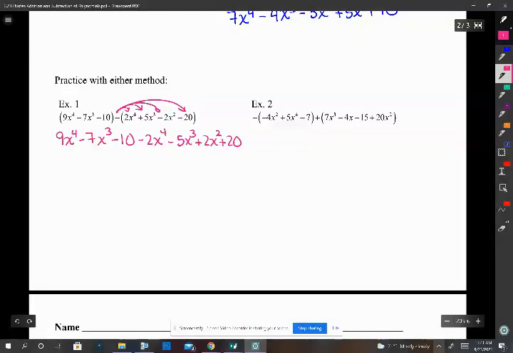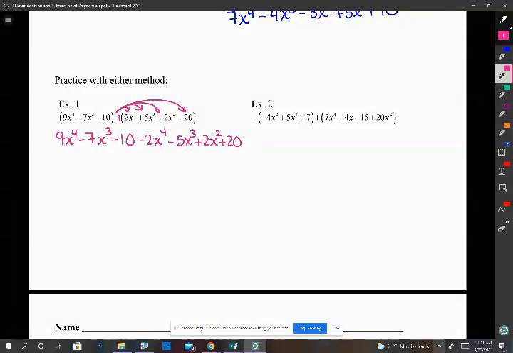Okay, because I go negative 1 times 2, negative 2. Negative 1 times 5, negative 5. Negative 1 times negative 2, positive 2. Negative 1 times negative 20, positive 20. Because really, remember that we are distributing a negative 1. Every time I do that, it makes it look like I'm changing that minus to a plus.